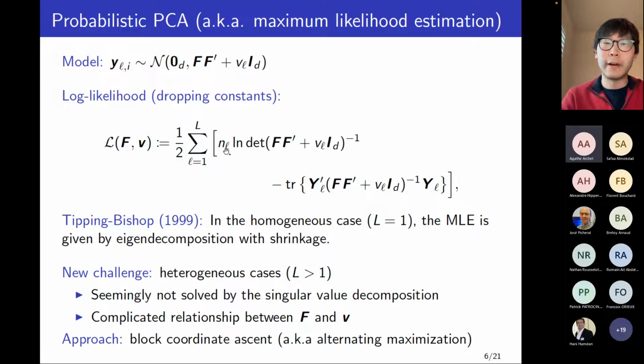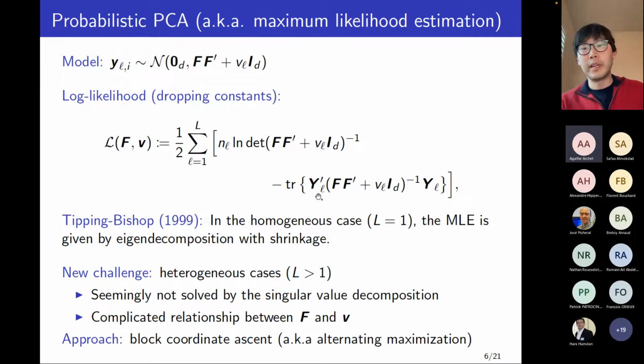So generally speaking, we've got here a log determinant term, right? So this is coming from the determinant term of the Gaussian PDF. And then here we've got a trace term, which we might often rewrite as something like this, which sometimes gets written as a Frobenius norm.